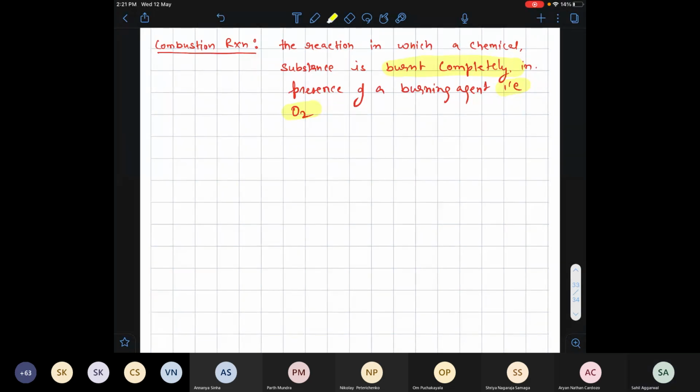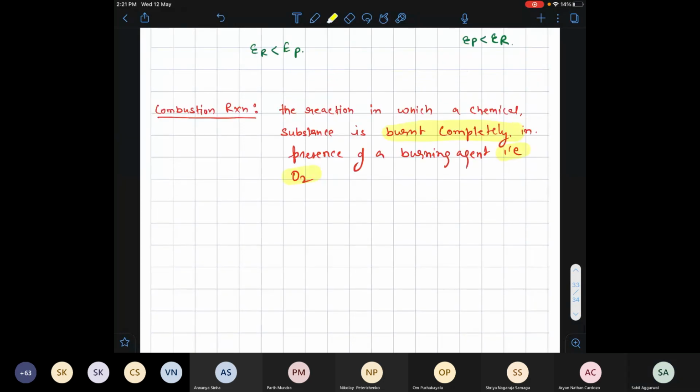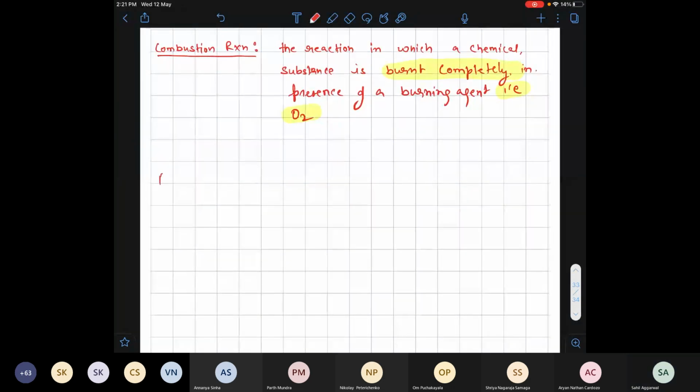Very good. Vihan, Aiden, Shreya. Burning of hydrocarbon always produces CO2 and water. Okay.